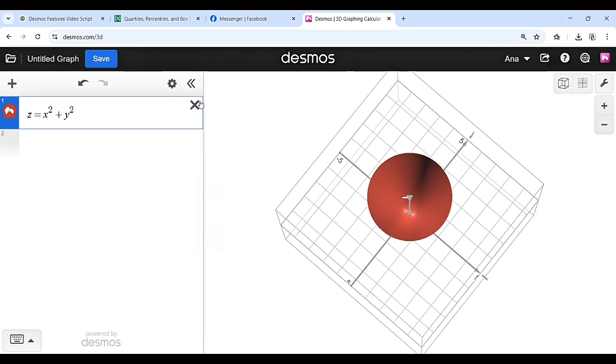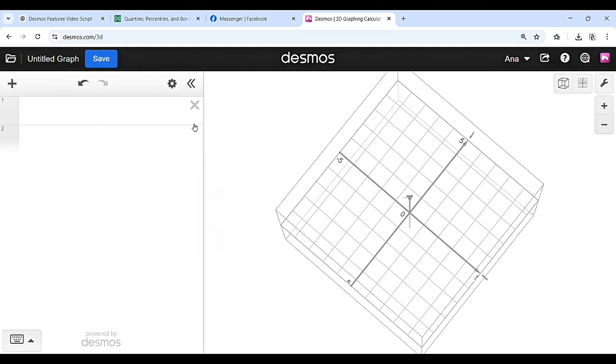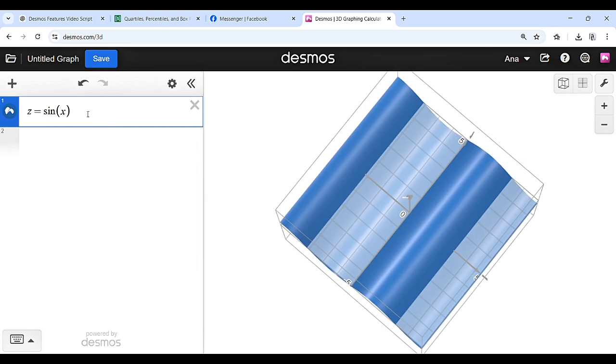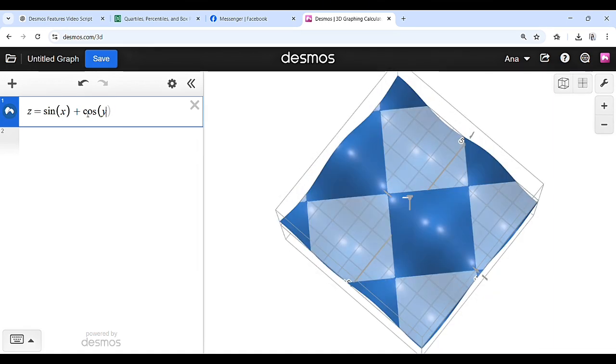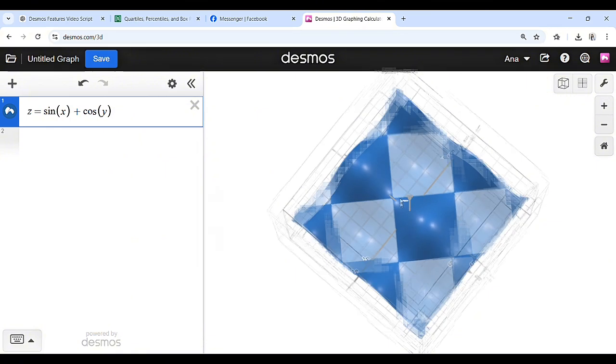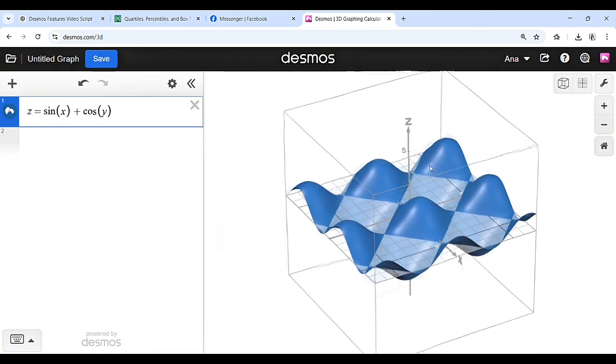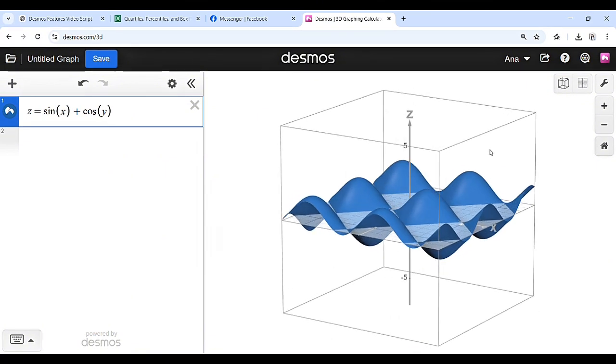Another, let's say we want to see the graph of z is equal to sine x plus cosine y. You can see here the graph. And we can also rotate the graph.